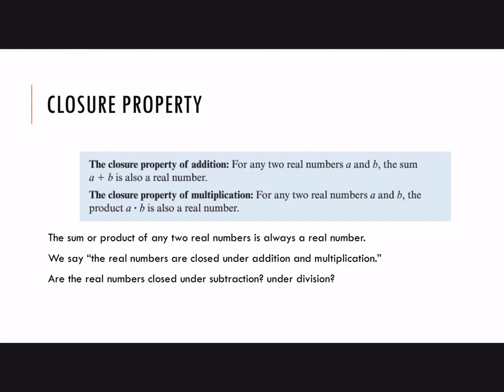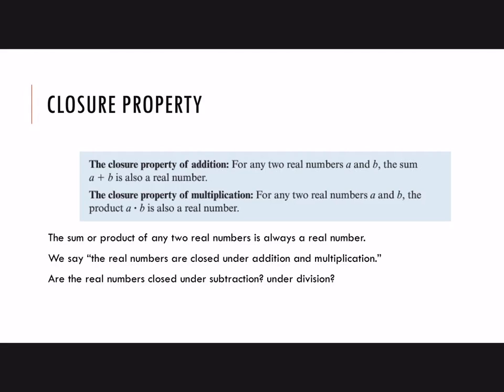Here's the first one, the closure property. This one states that for any two real numbers a and b, the sum a plus b is a real number, and the product a times b is also a real number. So if you add or multiply any two real numbers, your answer is guaranteed to be a real number.